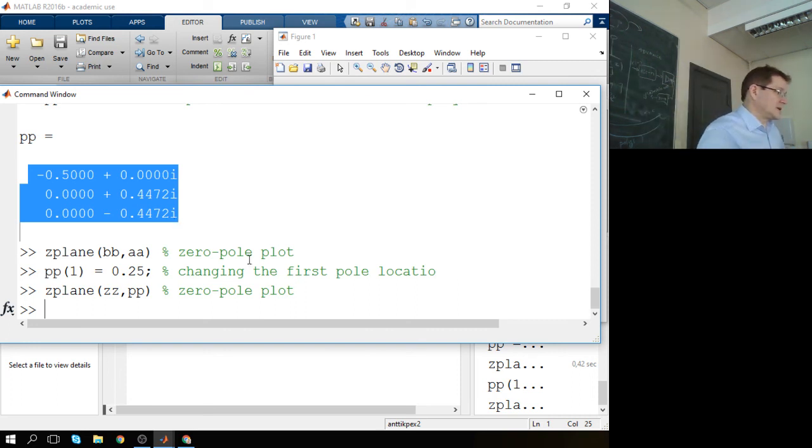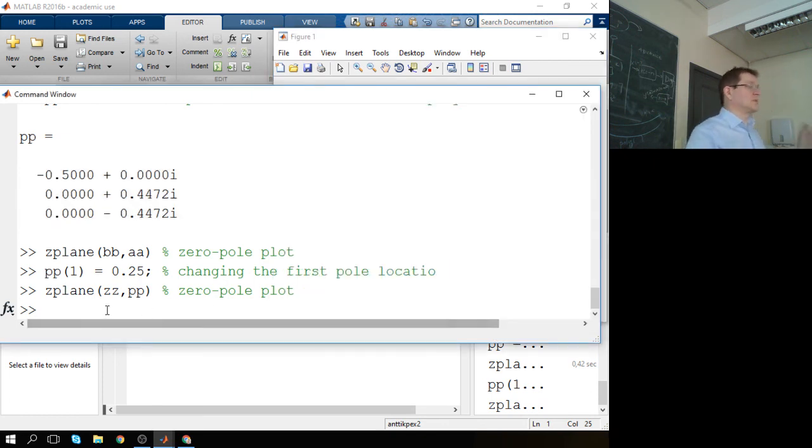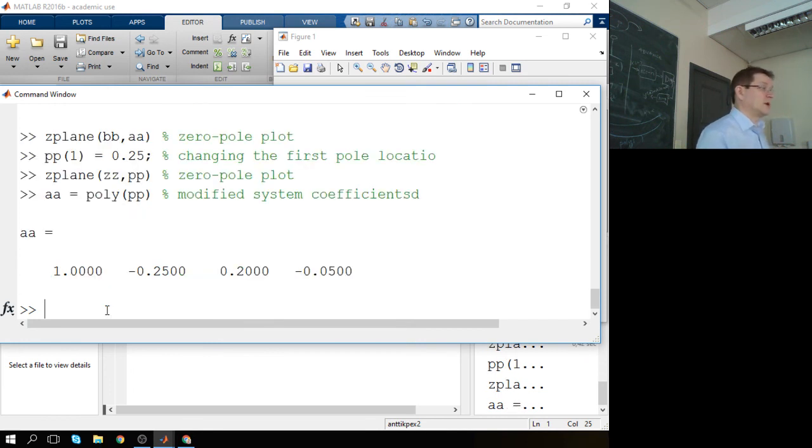Okay, so now my system poles are like that, and the modified system denominator polynomial coefficients, meaning the modified system A equals the polynomial which is defined by the poles. Okay, so I'm happy with that.